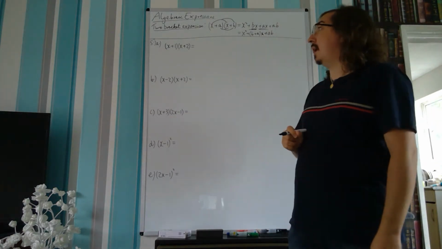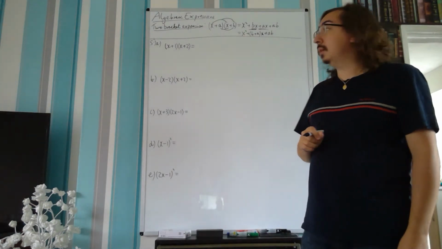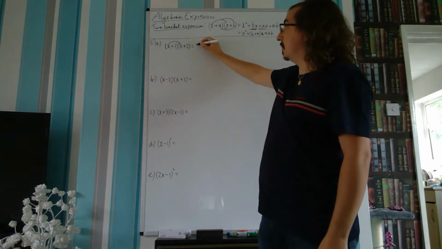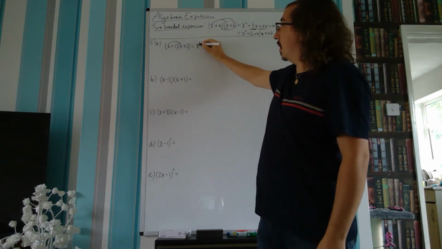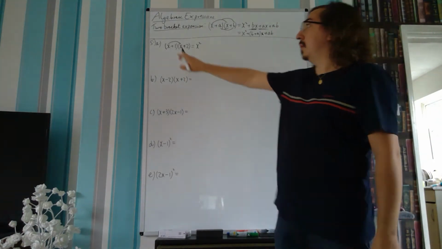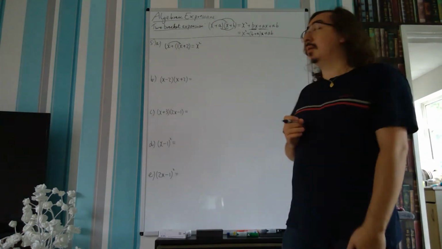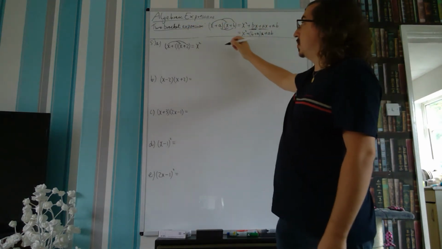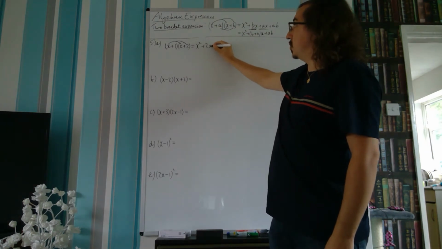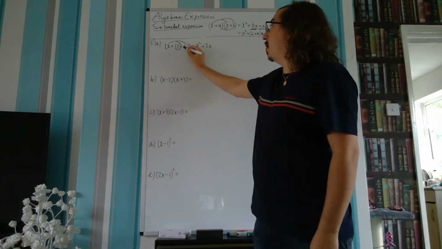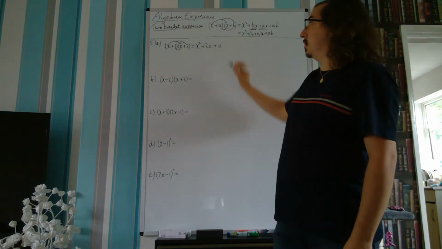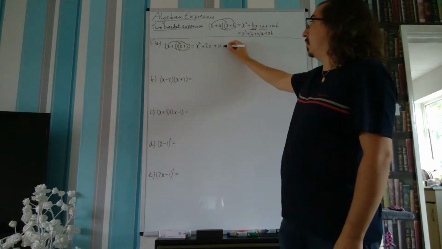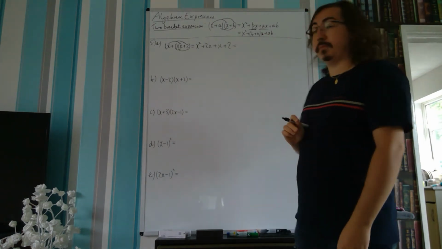So 5a says we've got x plus 1 times x plus 2. If we're using the FOIL method, we use x times x, which gets us x squared using our index rule, power of 1, timesing them, 1 plus 1 is 2. The outer, so x times 2 gets us plus 2x. The inner, 1 times x, which gets us plus x, or plus 1x, and plus 1 times plus 2 gets us plus 2.